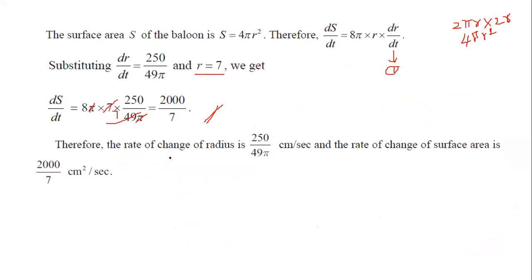So here the rate of change of radius is 250 by 49 pi, and the rate of change of surface area is 2000 by 7 centimeter square per second.